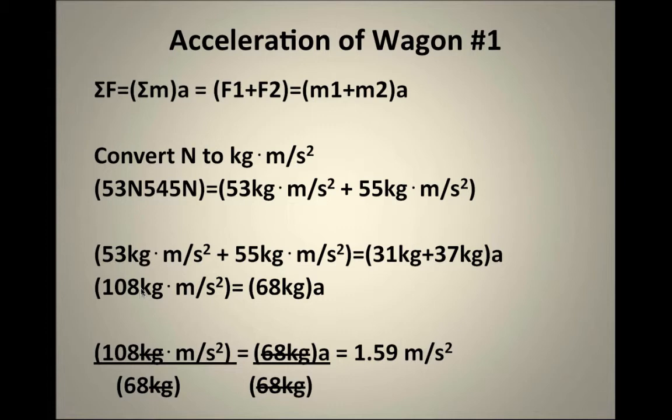We know F from the forces added together. We know m from the masses added together. And we basically just divide to solve for a. So we're just using the equation where acceleration is going to equal force divided by mass.